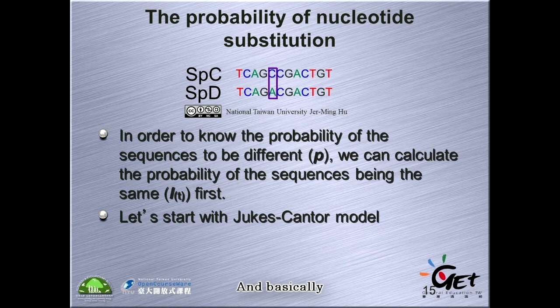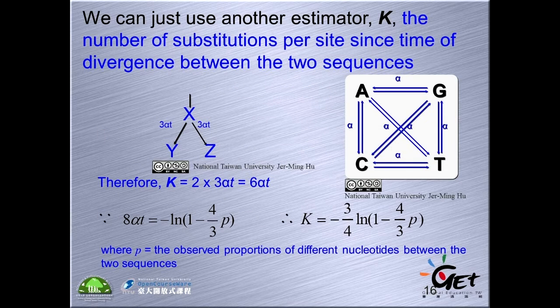If we start with the Jukes-Cantor model, the model states that the probability of the differences will be equal to this, and P will be the direct measure of the observed substitutions.